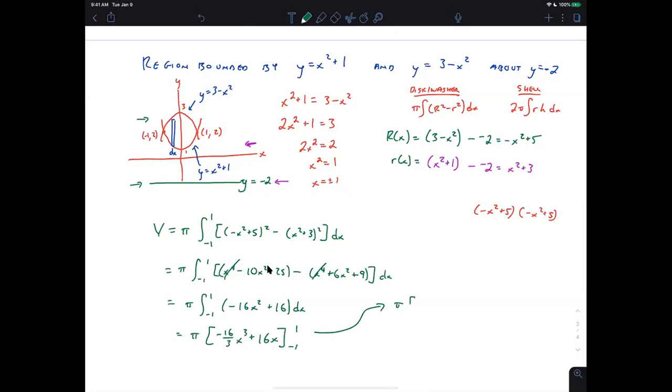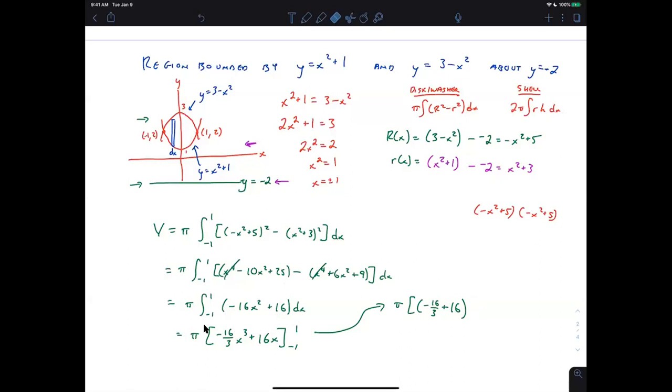And so I get pi times negative 16 thirds. If I just plug 1 in, I get that. Plus 16. Could we take out the 16 before we do the roll? Yeah, you could factor the 16 out here. Does that make sense? Okay. Yeah, you can.